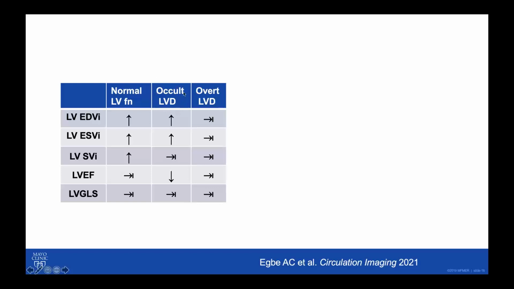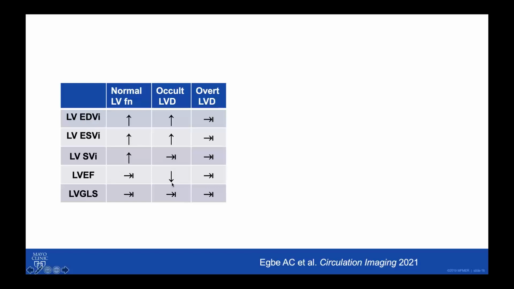The people with occult LV dysfunction, again, had an interesting response. So the end-diastolic and systolic volume increased because the right heart is able to pump more blood to the left heart, but the stroke volume didn't change. And the EF actually went down. So what's happening here now is that you're now filling the LV more, which is the denominator, and that kind of brings down the EF.